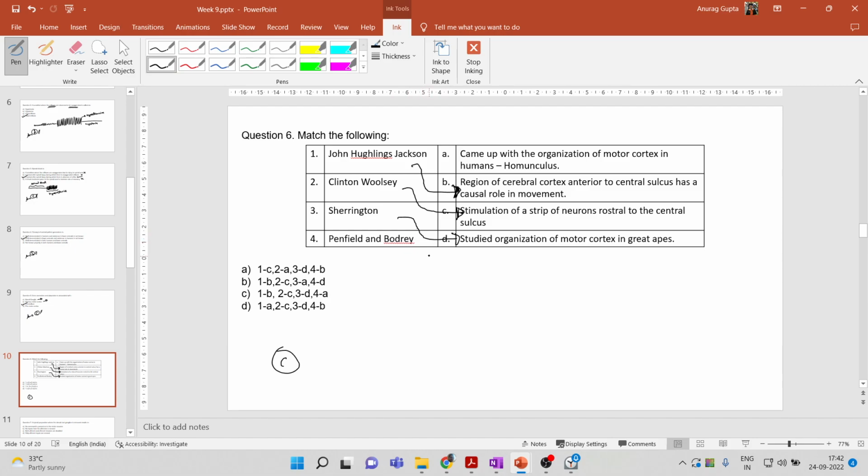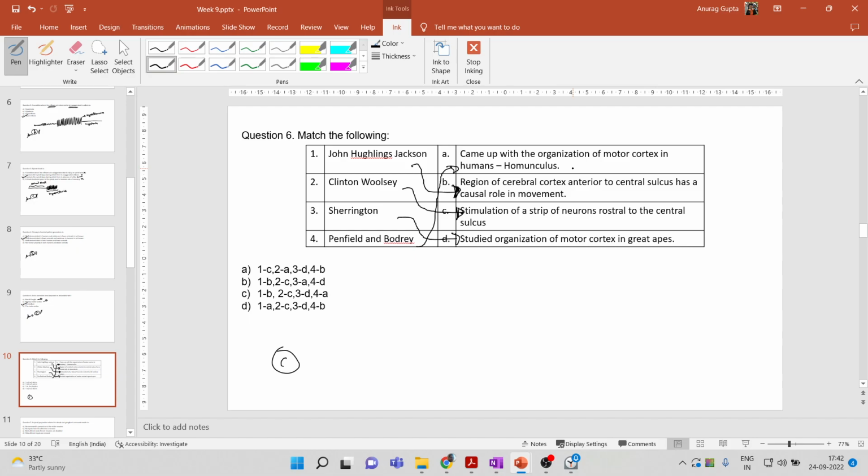They did these studies in humans, and came up with the organization of the motor cortex in humans. What they did was during surgery, way back in the early 20th century, they were treating humans for epilepsy, and they were doing surgeries.